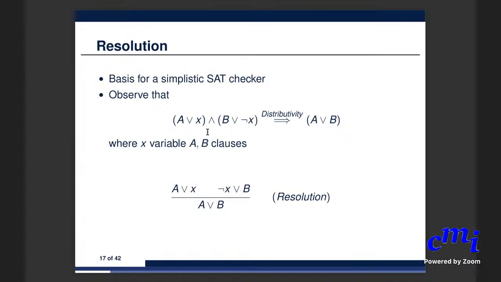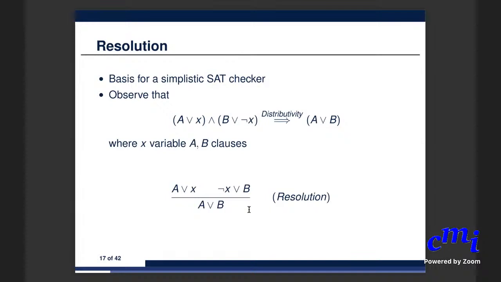And you can see this because if you use distributivity laws over the conjunction of these two clauses, you actually end up saying that you can reduce that to A or B, okay? And you can get rid of X and not X. You can do that exercise yourself.